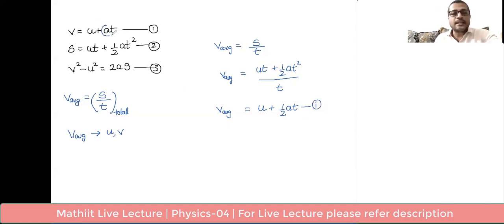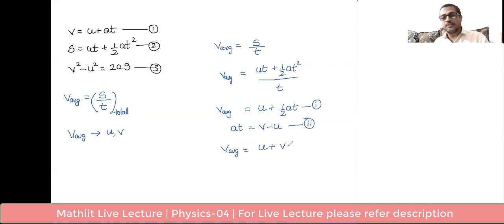What is at equal to from this? I can bring this u to the other side. So at is equal to v - u, from equation 1. Therefore, if you substitute it back there, v average turns out to be u + (v - u)/2.